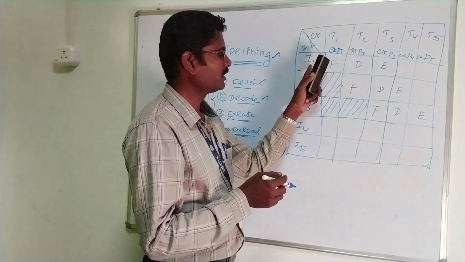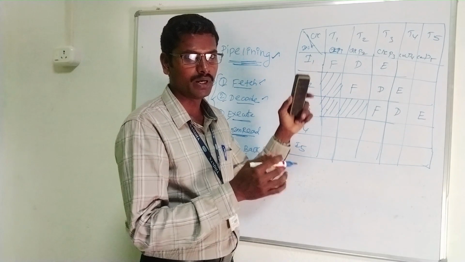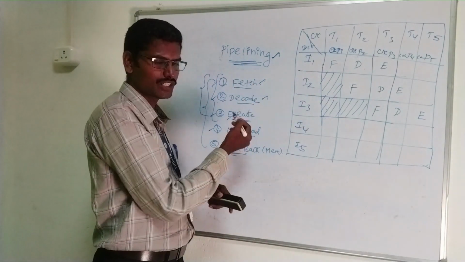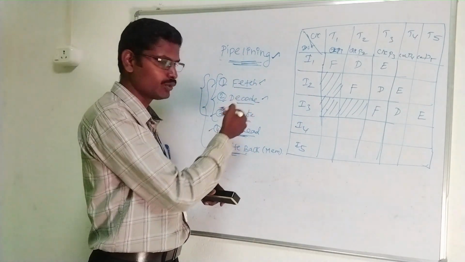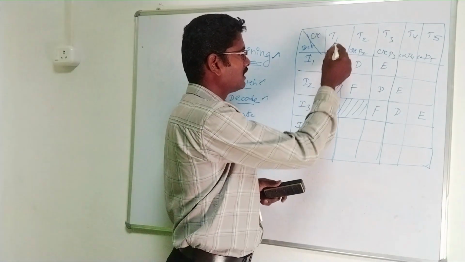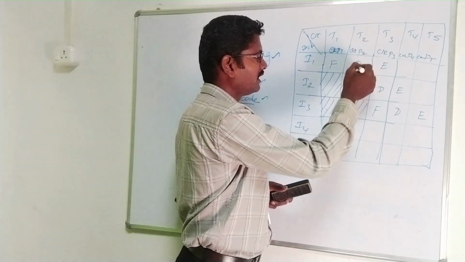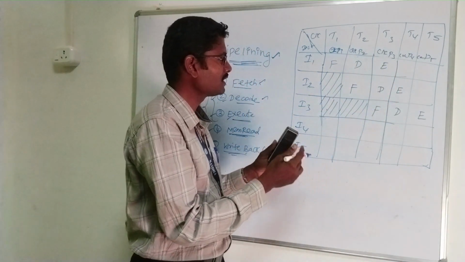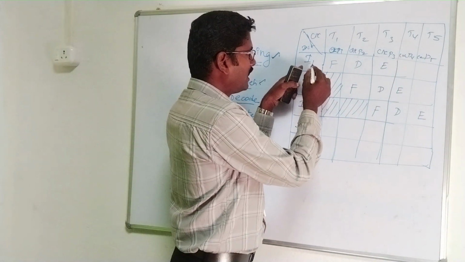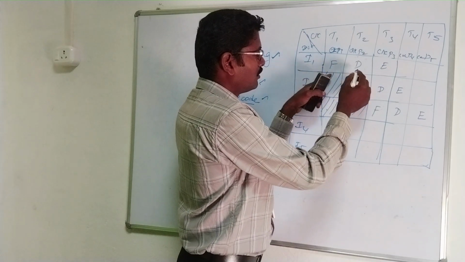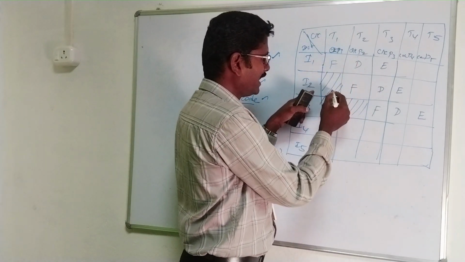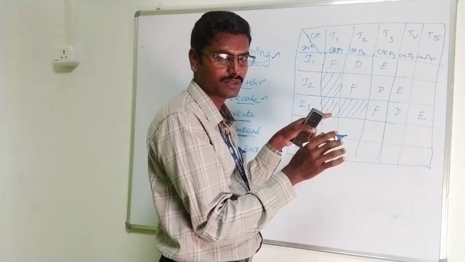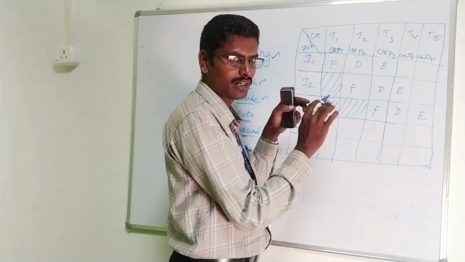Now look here. All the instructions have to pass these stages, I mean fetch, decode, execute. Instruction 1 fetches at T1, decodes at T2, and executes at clock pulse 3. When instruction 1 fetches in T1, instructions 2 and 3 are not processed.